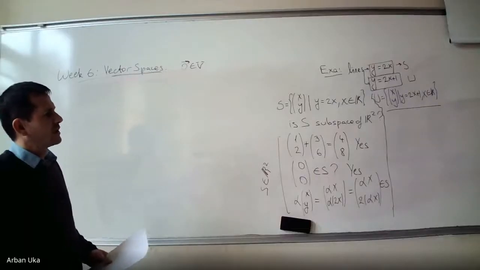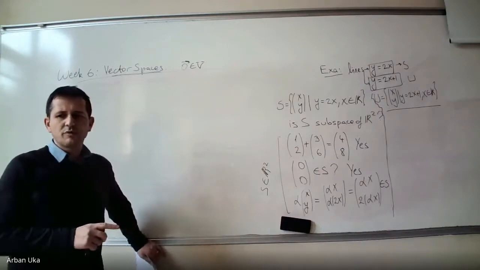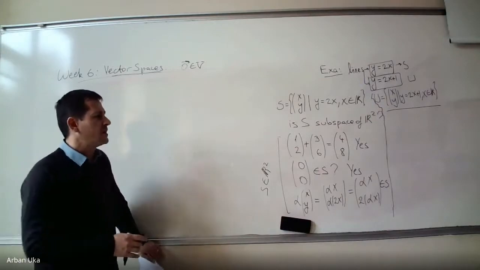I think no. Why? Because the 0, 0 vector doesn't exist. It's not part of it. That's true, that's correct. So that line does not pass through the origin. Okay, so we discard it immediately.